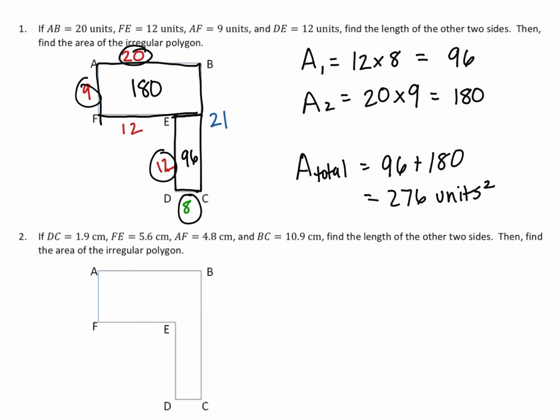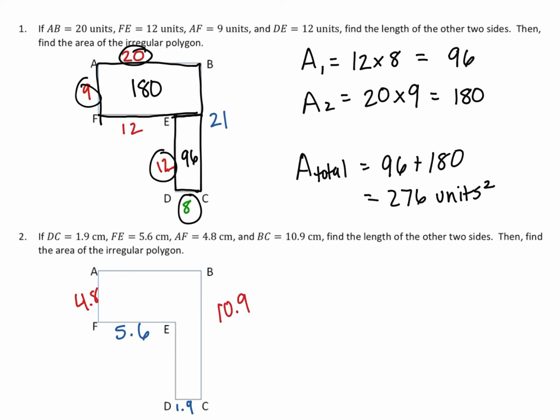All right, and number 2, DC is 1.9. FE is 5.6. AF is 4.8. And BC is 10.9. I've labeled my horizontal sides in blue and my vertical sides in red.